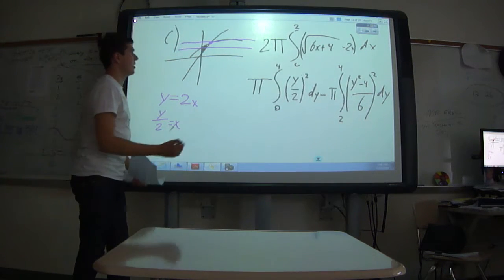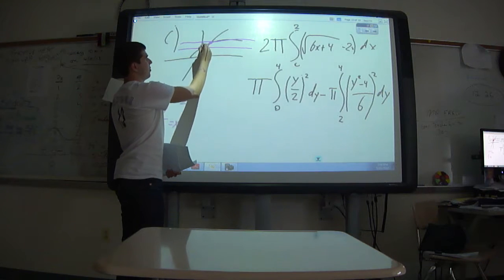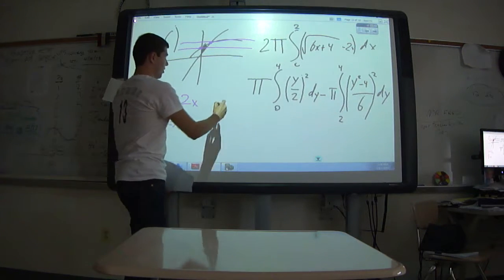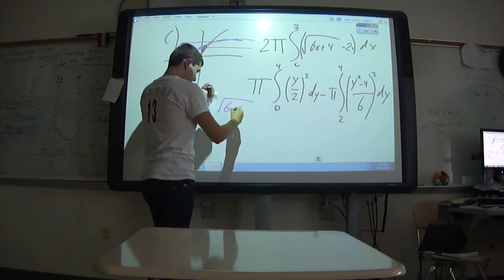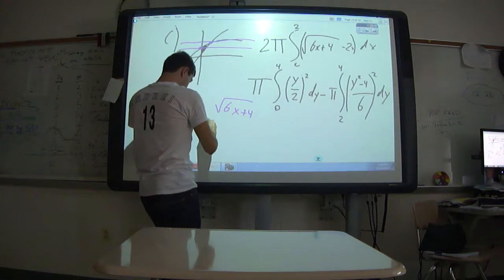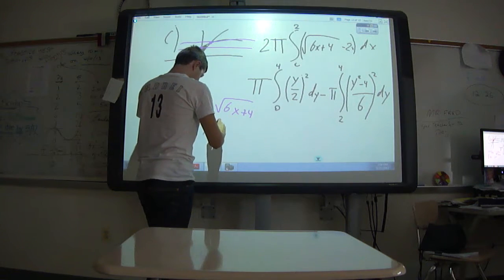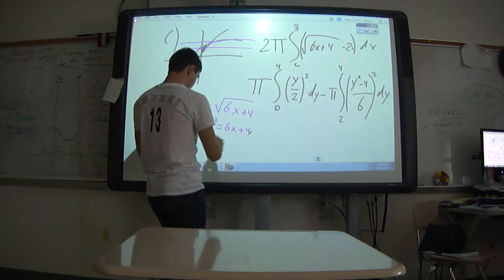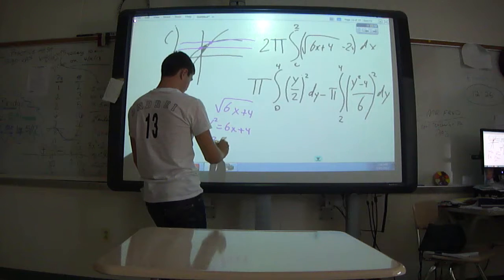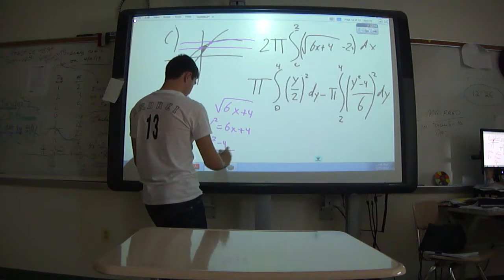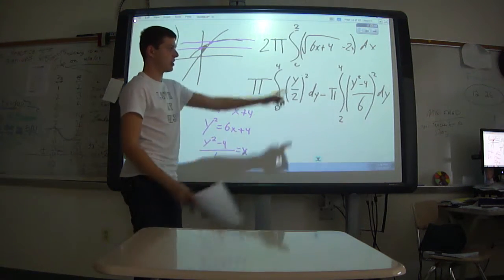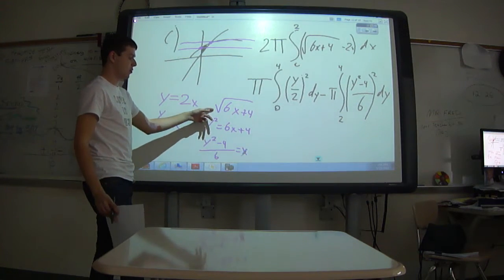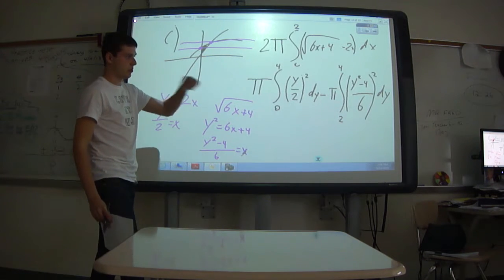Now, what we subtract is from 2 to 4, so from this point right here, where our square root of 6x plus 4, or the new way, so as you can see, the y squared minus 4 over 6 comes from transferring our square root of 6x plus 4 over in terms of y, and again we're taking it with respect to y.